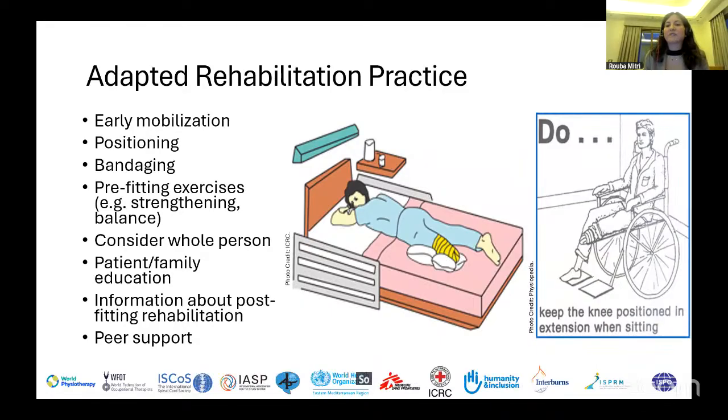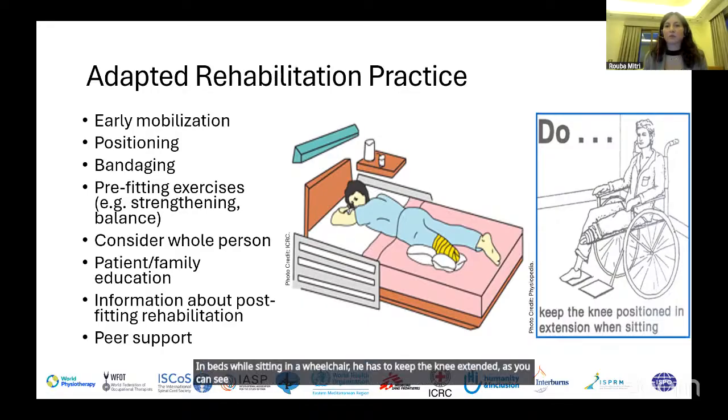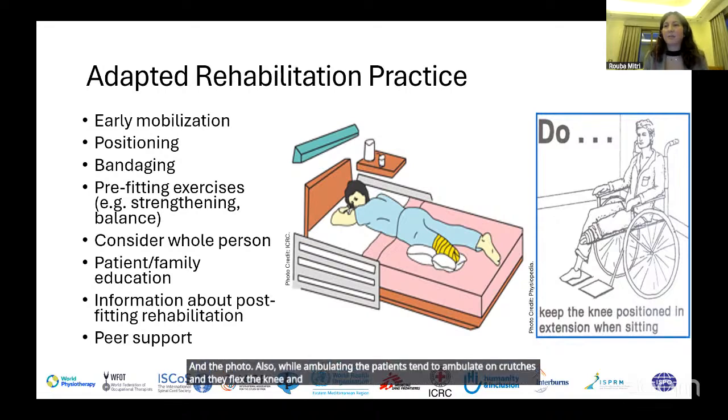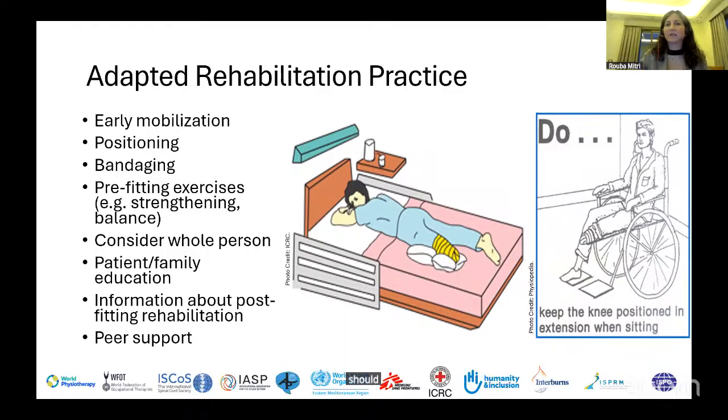So we care for the position of the patient in every situation. In bed, while sitting in a wheelchair, he has to keep the knee extended, as you can see in the photo. Also, while ambulating, the patients tend to ambulate on crutches, and they flex the knee and flex the hip. It's like the resting position. So all these things should be taken into consideration to prevent contractures and deformities.